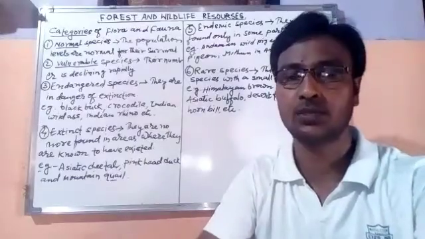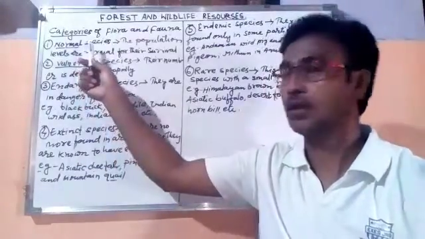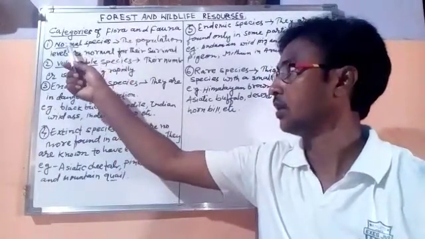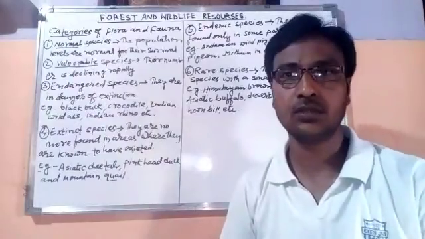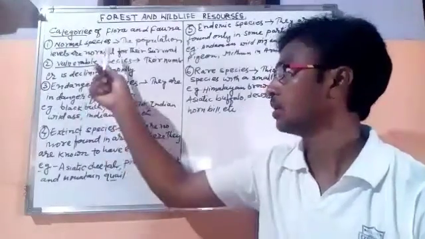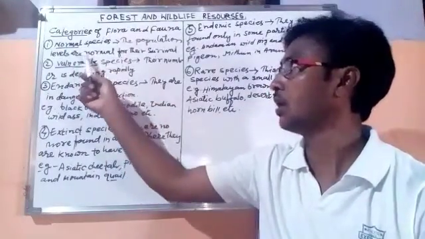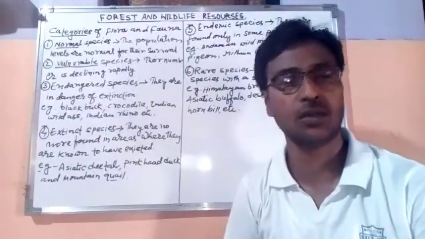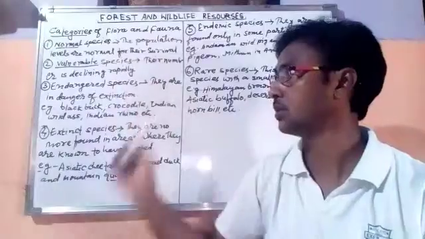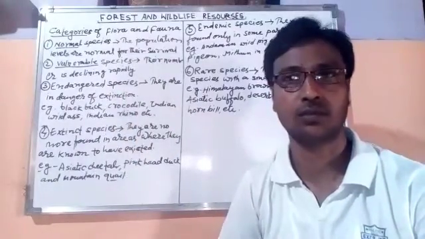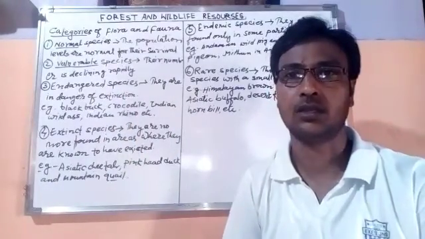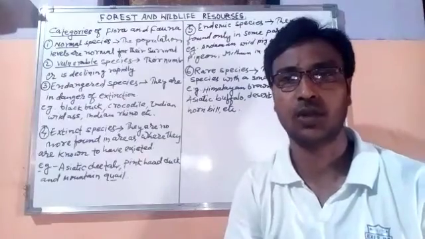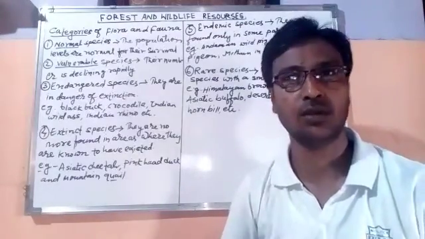The first is the normal species. Their population level is normal for their survival. That means they are normally found in different parts of the earth and their number is normal.